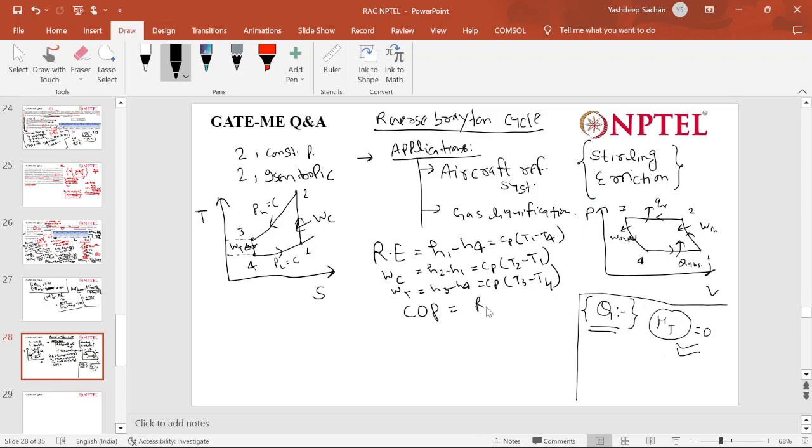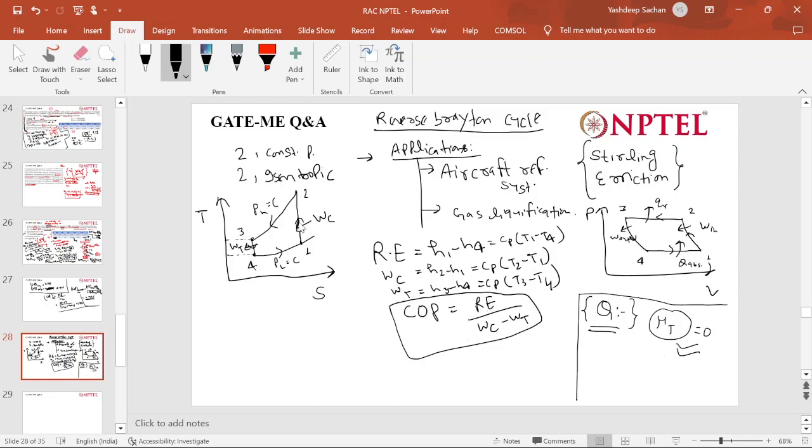What will be the COP? Refrigeration effect by WC minus WT. Any doubt till here? No doubt. Okay. So now we know Cp of air, and T1, T2, and T3, T4.